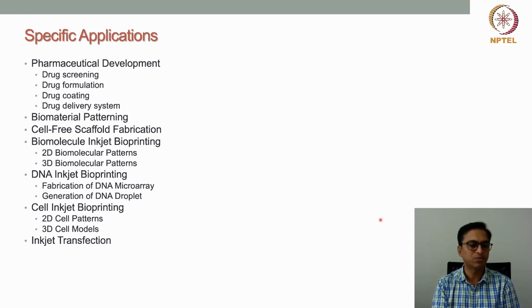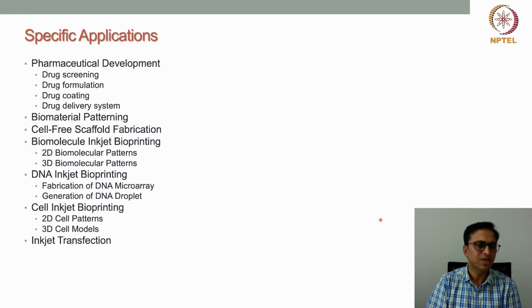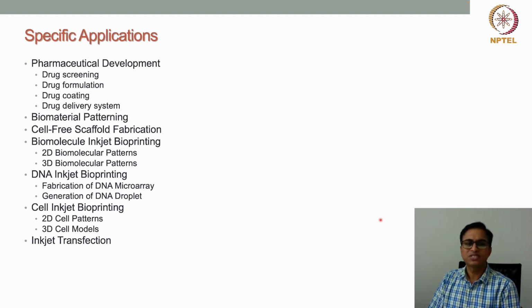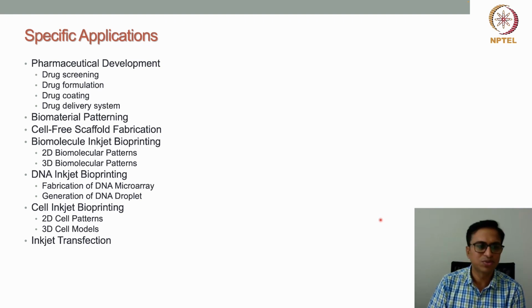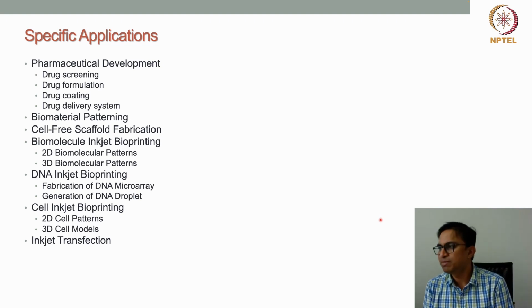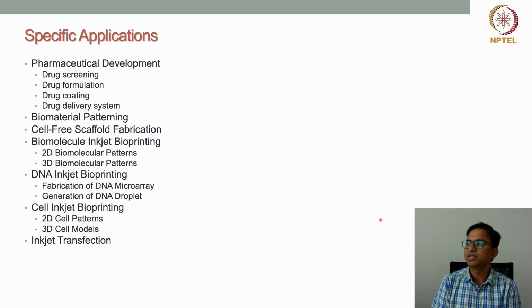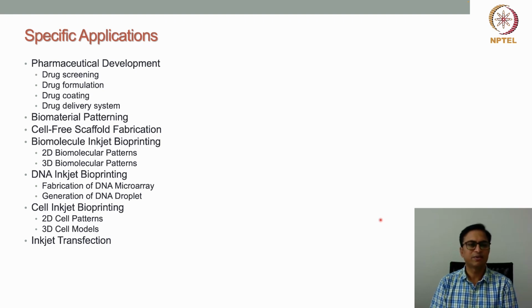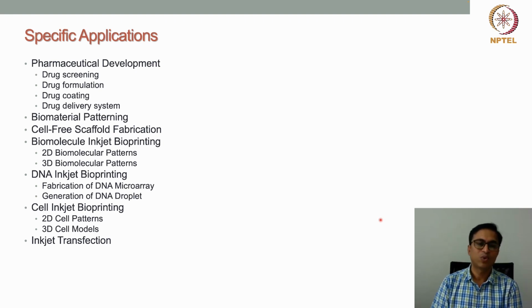Those droplets are dried up, and we get the formulation, the drug plus excipient mixture. Formulations such as nano capsules, nano tablets, and different types of formulations can be developed. So in pharmacy, inkjet 3D printing is widely used for drug formulation.